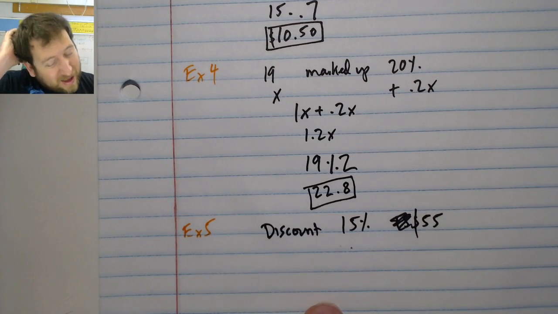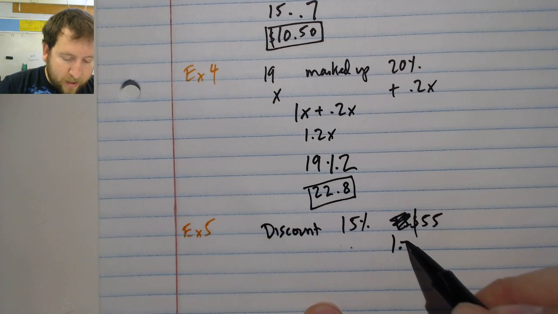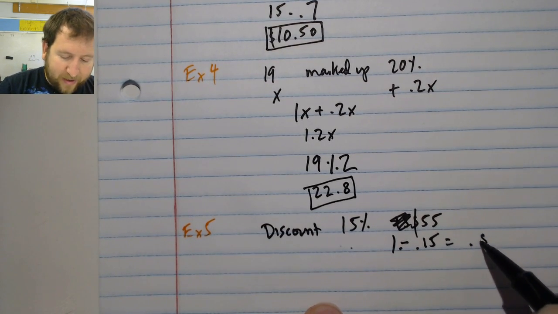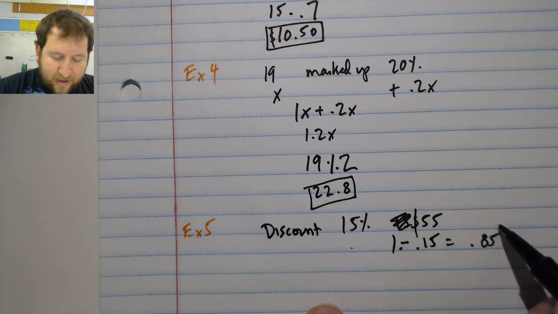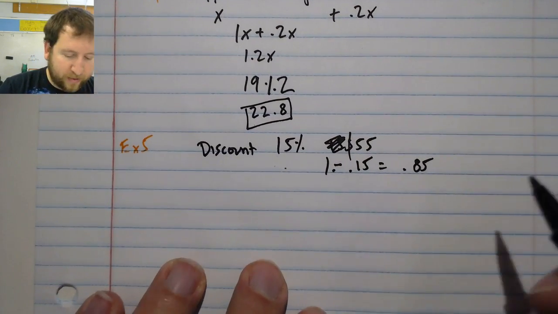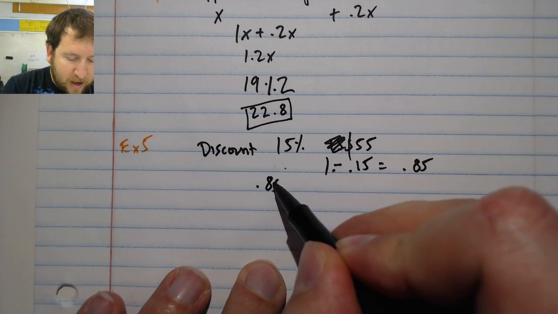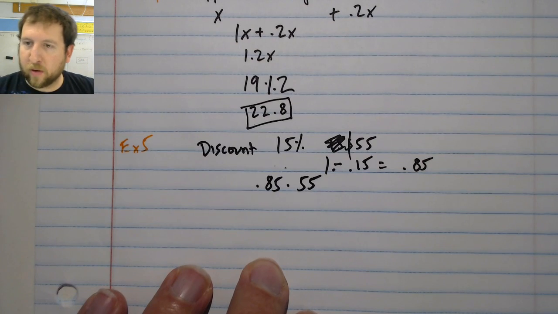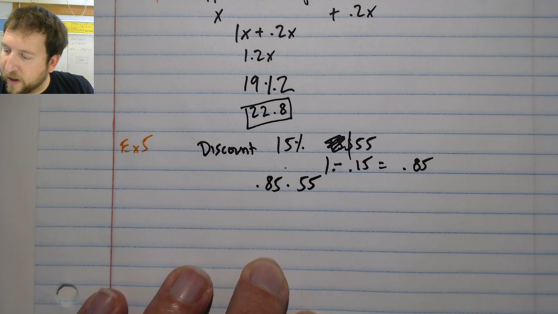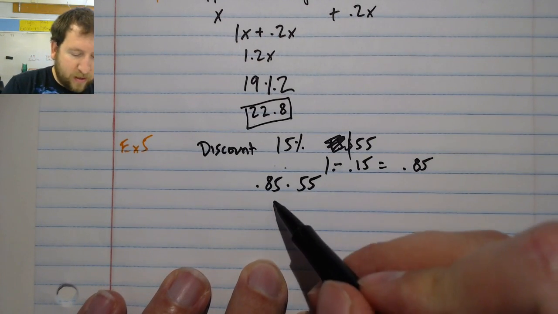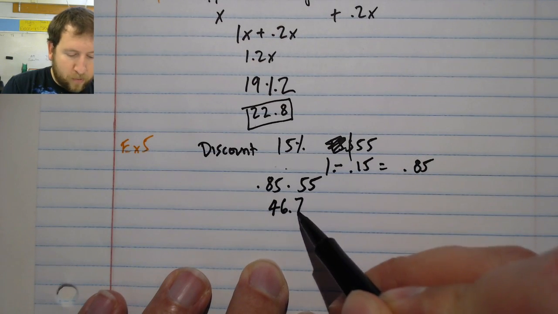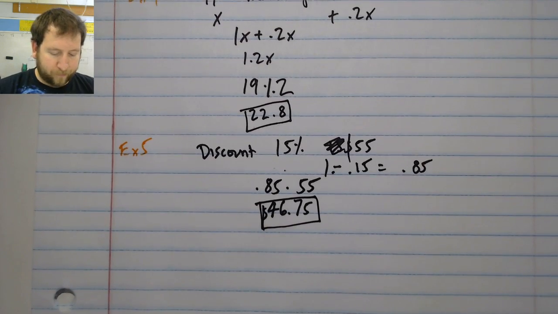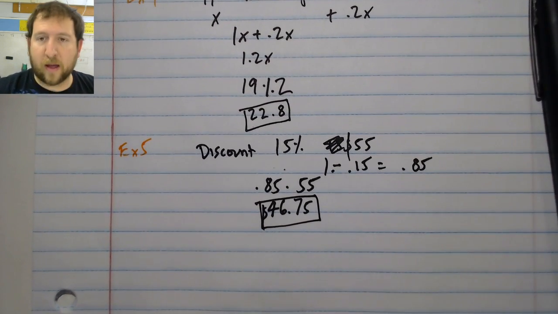That means I'm going to be paying 1 minus 0.15, which is equal to 0.85. I'm going to be paying 85% of this total price. So I can say 0.85 times 55 should get me my price. 0.85 times 55 is going to give me 46.75, and that's going to be the price that I pay. I hope that makes sense, and good luck.